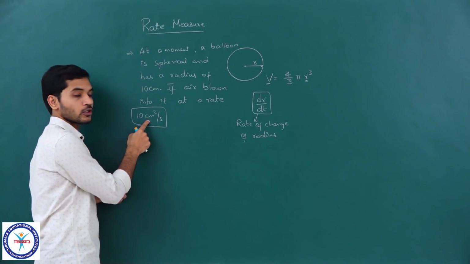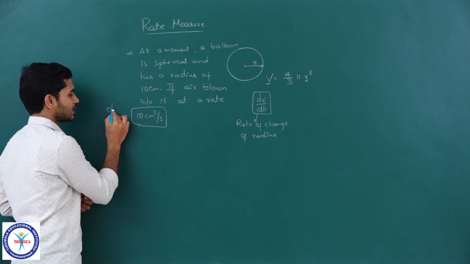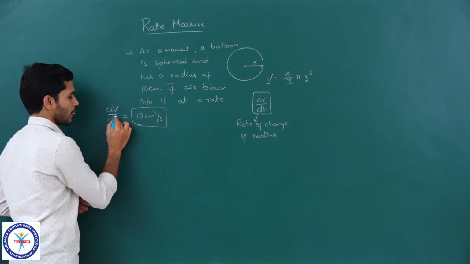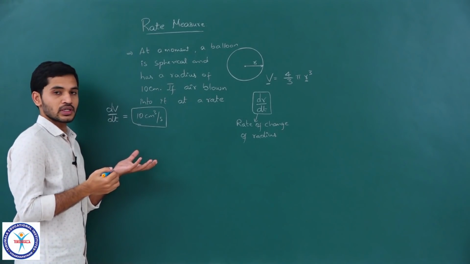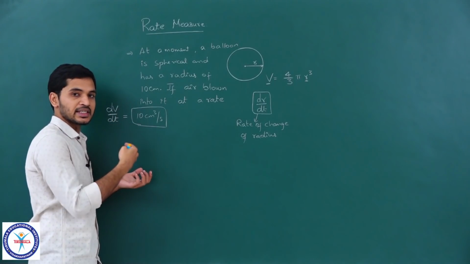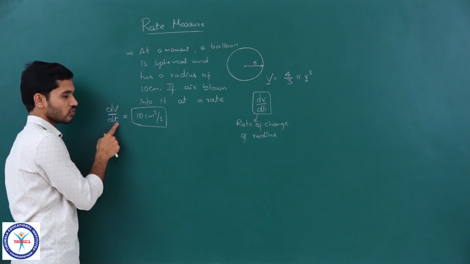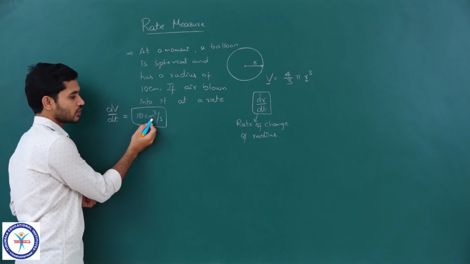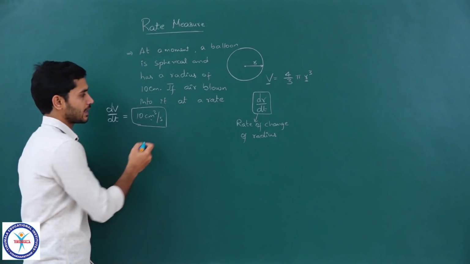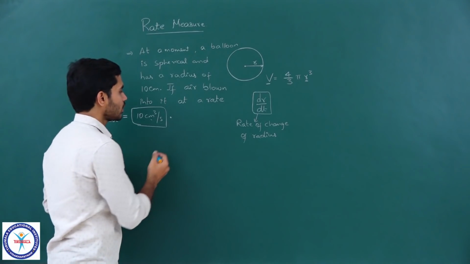What does that mean? Volume per second. So, what I have given you here is basically dV by dt. I have given you the rate at which the volume of that balloon is increasing with time, change in volume with respect to time, clear. So, this is the expression that is given to us.